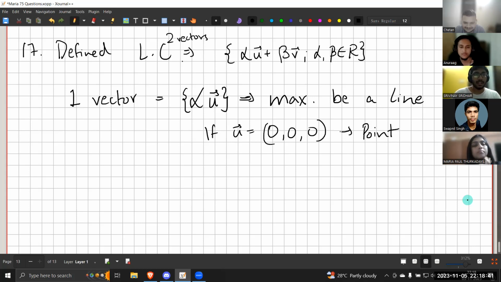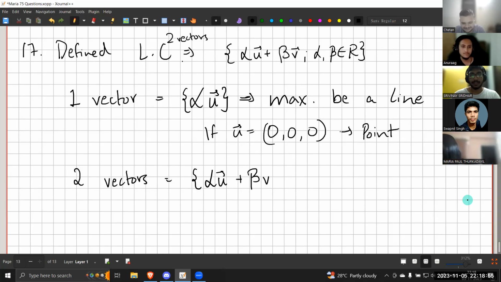If I have two vectors, how would it look like? We have already seen that before. Alpha u plus beta v. And remember, for all of this, alpha, beta, gamma, or whatever A, B, C I use, all of these are scalars.